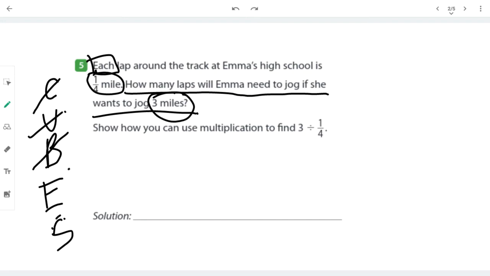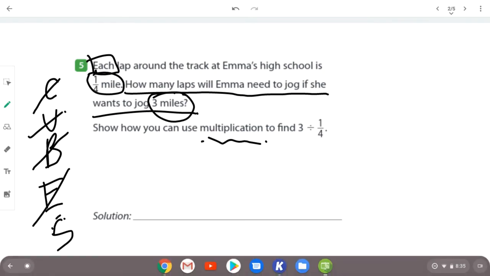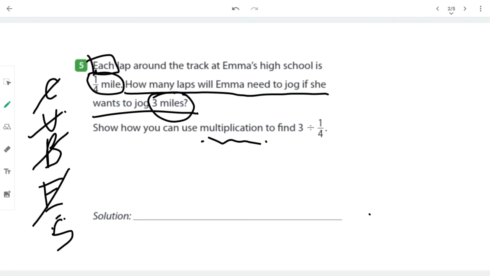So let's solve. We want to know how this is related to multiplication. Well, the best way to show that is with a model. We will always model our dividend first. We have a 3 in front, so let's draw 3.